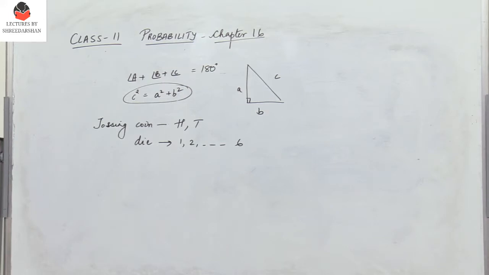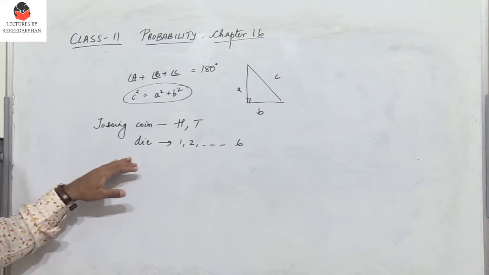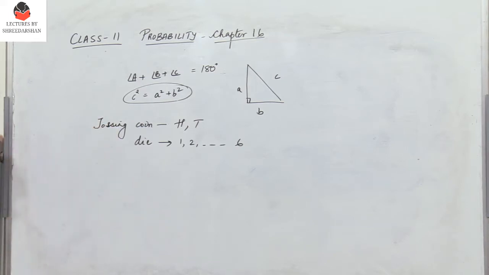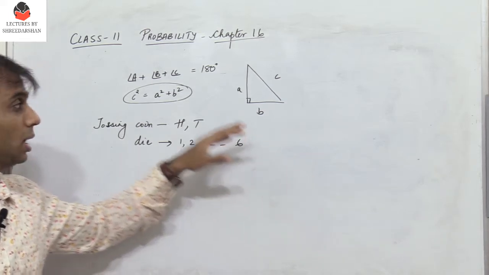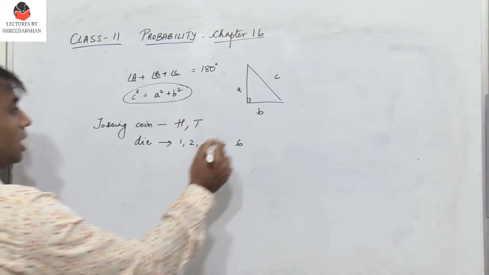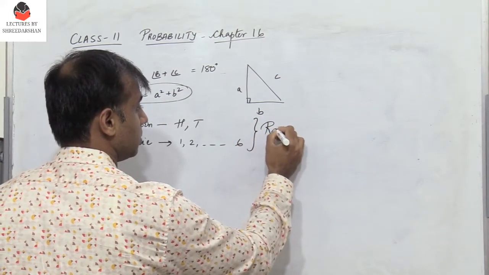So this is an experiment which has been conducted, and the results of the experiment are not the same, even if they are repeated under ideal conditions. Such experiments are referred to as random experiments.